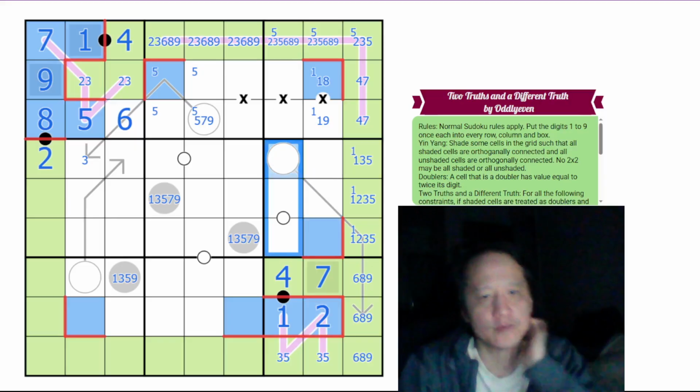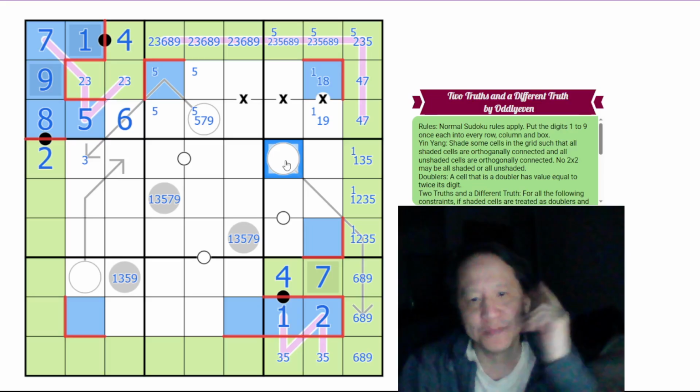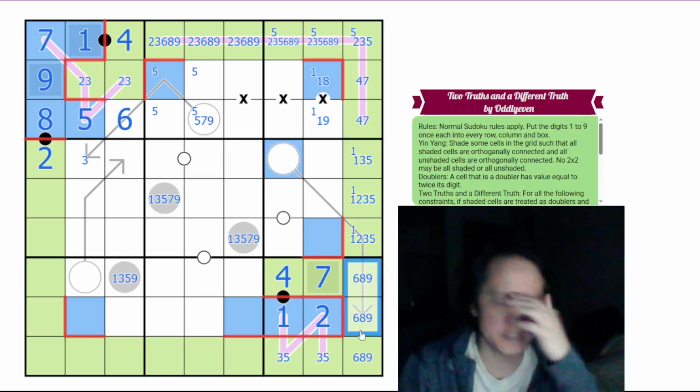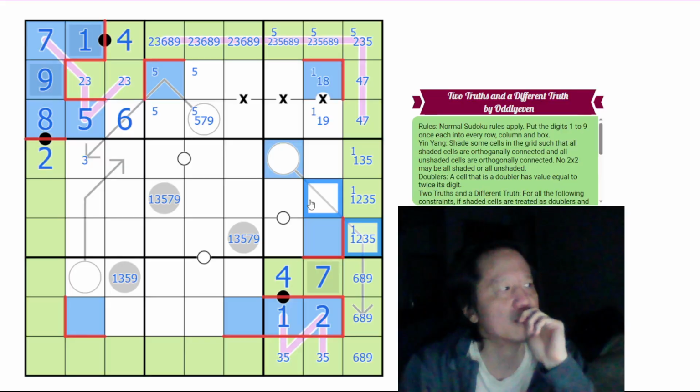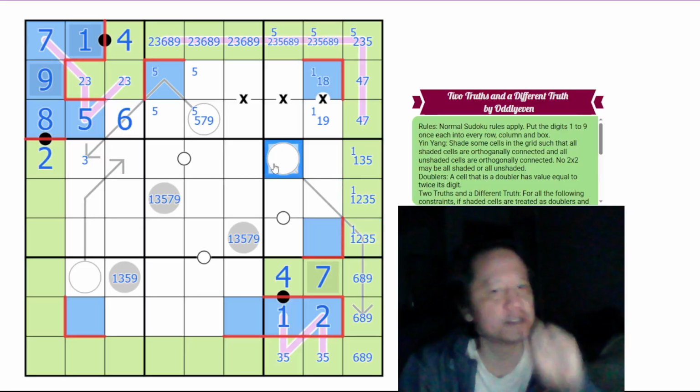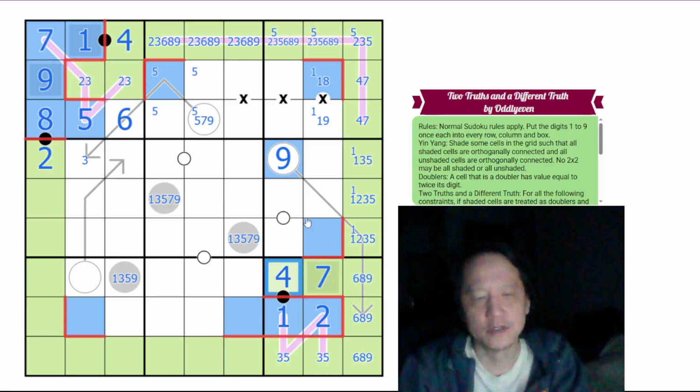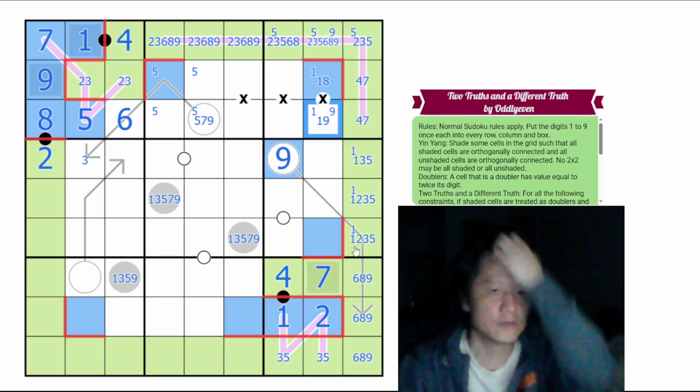7 has to be one of these. Okay, so this digit, 6 plus 8 is 14. So minimum 14 plus minimum of 3. That's 17. So this has to be 9 doubled. So this is going to be 9 here, which means 9 cannot be here. So 9 has to be one of these two.